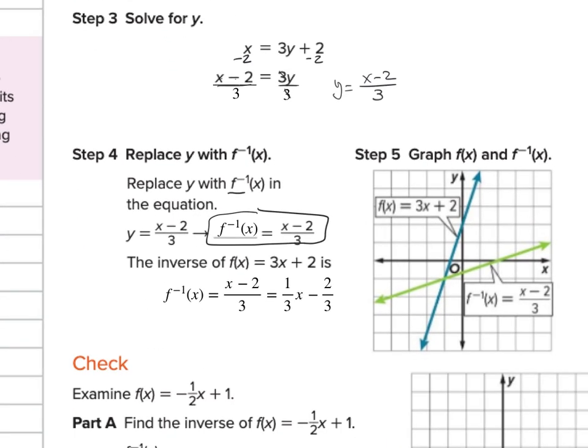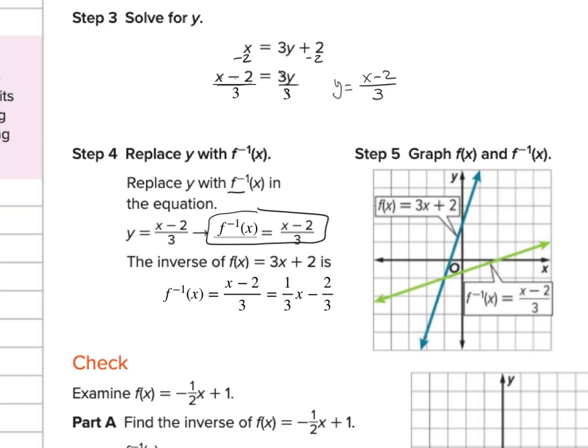We graph them both. So we have our original function where we started off at the y-intercept of 2, and then we did the slope and connected our lines. Now when we do the next one, the y-intercept is going to be negative 2/3, right here, about negative 2/3.